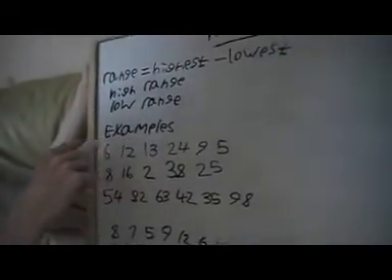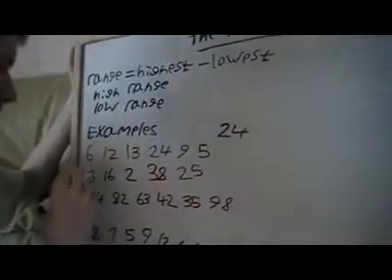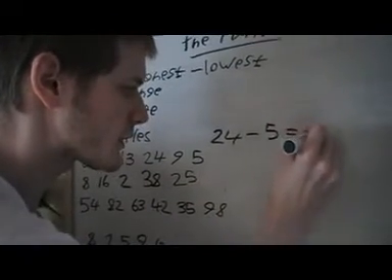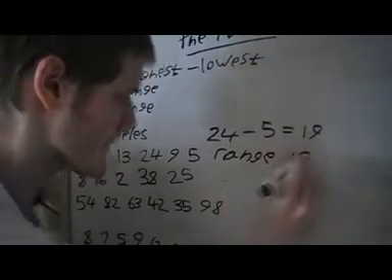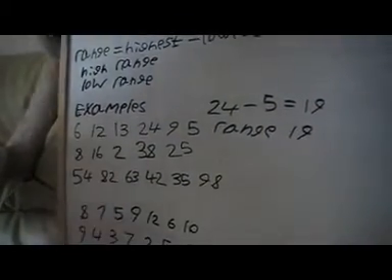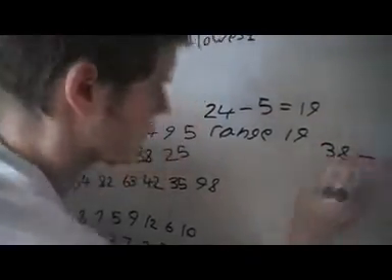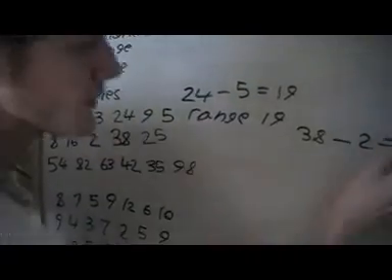The first one, I just find the biggest number, 24, and I find the smallest number, 5, and I subtract. I get 19. Same with the next one here. I find the biggest number, 38, smallest number, 2, and I subtract.